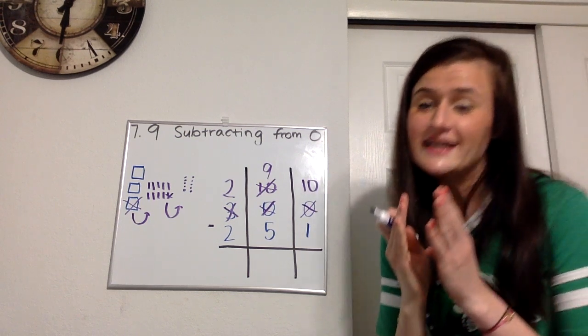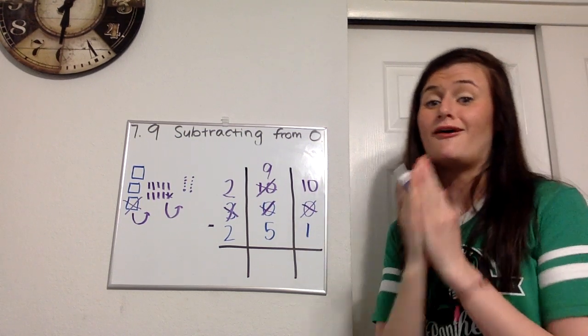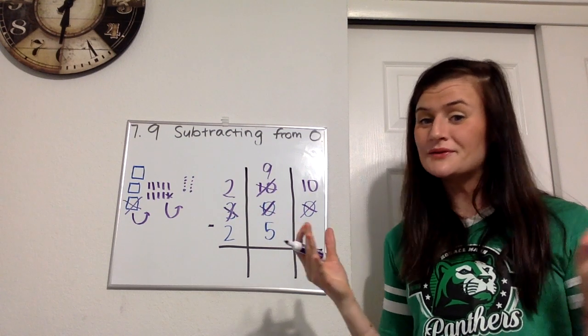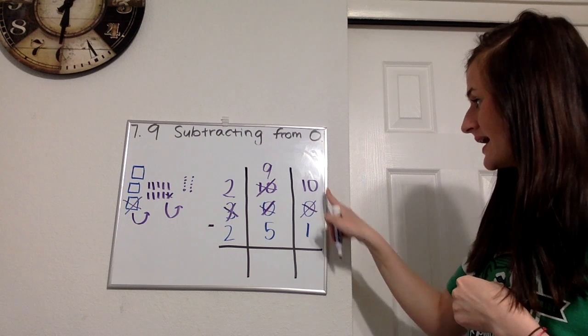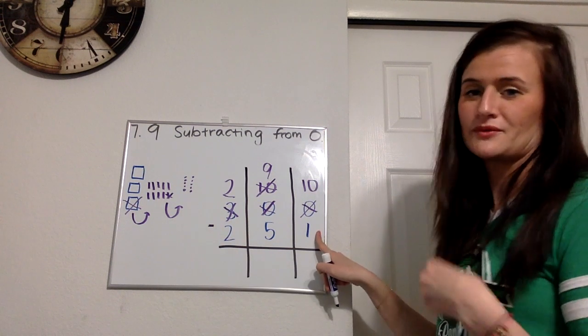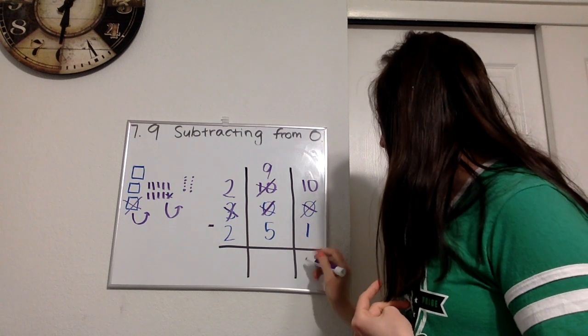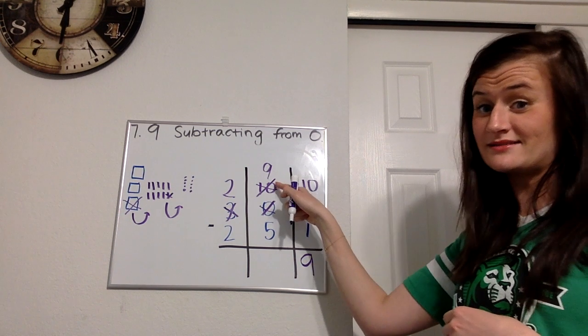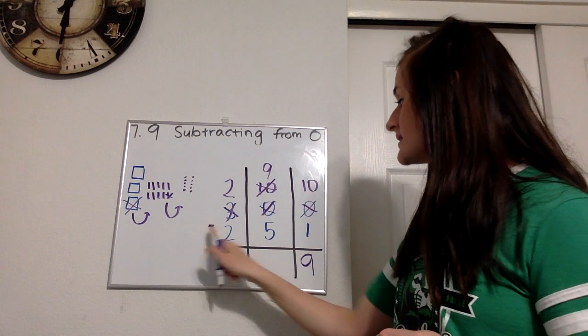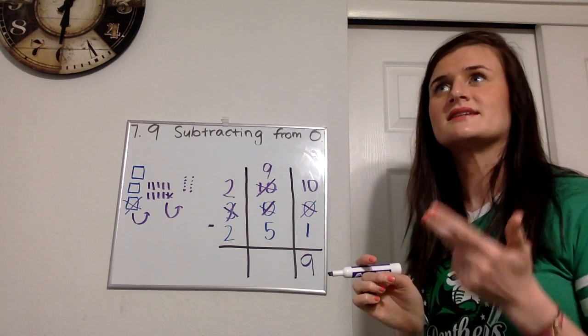Now it's going to be super simple because we did all the borrowing and regrouping we need to do. In our ones, I have 10, take away 1, which we know is 9. Ready to subtract our tens? Absolutely. 9, take away 5, 9, 8, 7, 6, 5, 4.